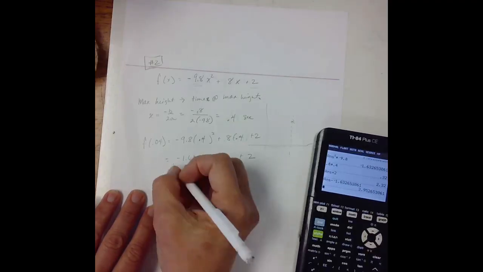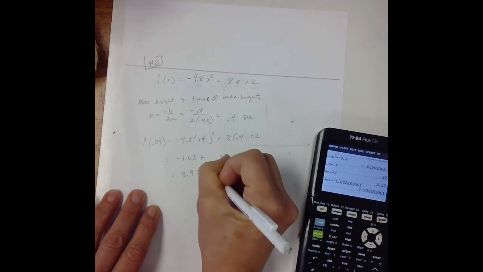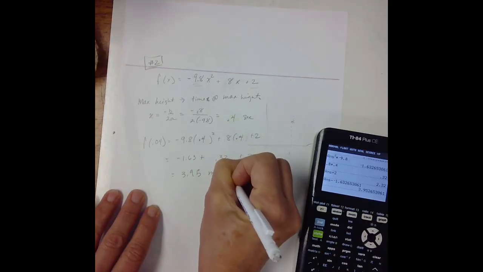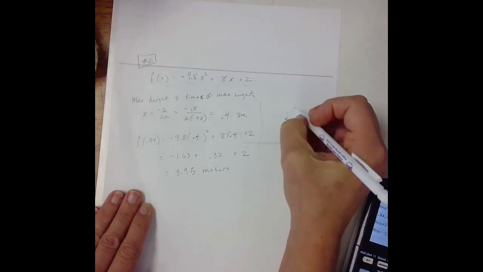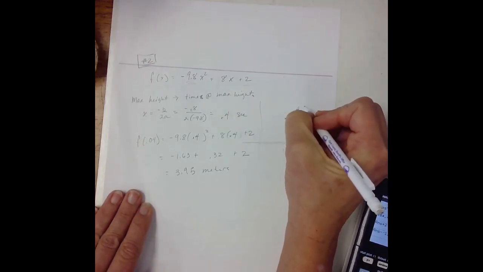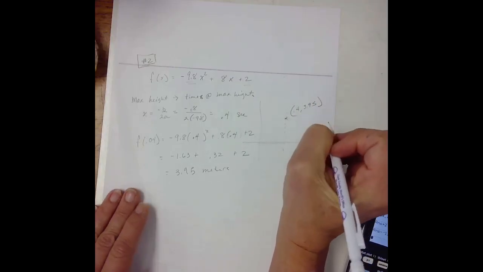And so at that time, 3.95 meters would also be my height. So this point right here would be 0.4 comma 3.95. Okay, so that means my height is going to occur after 0.4 seconds, and it's going to be 3.95 meters.